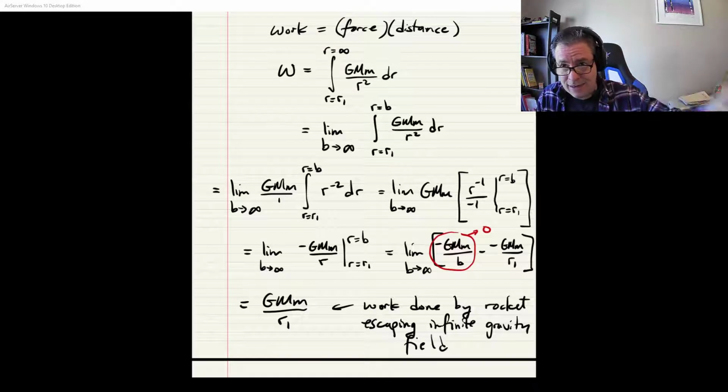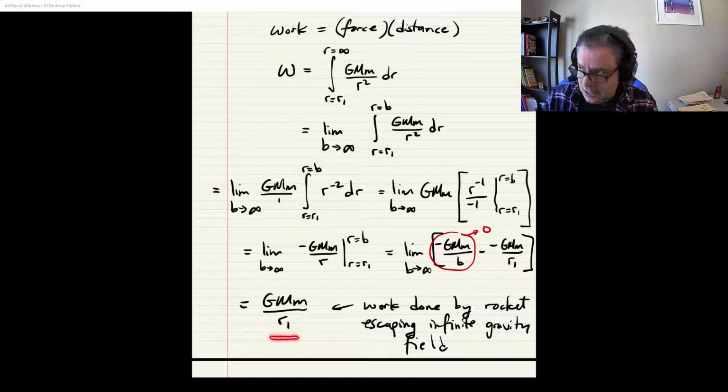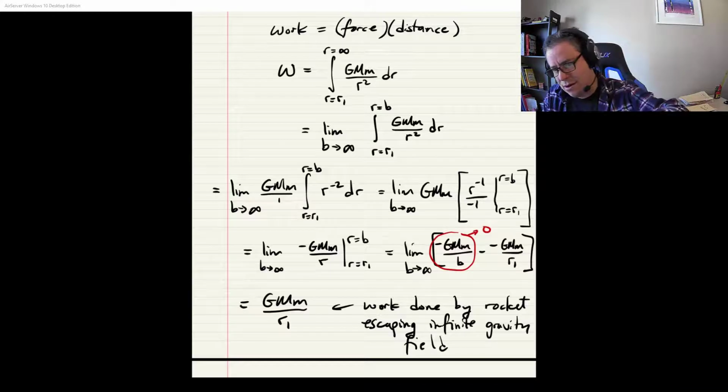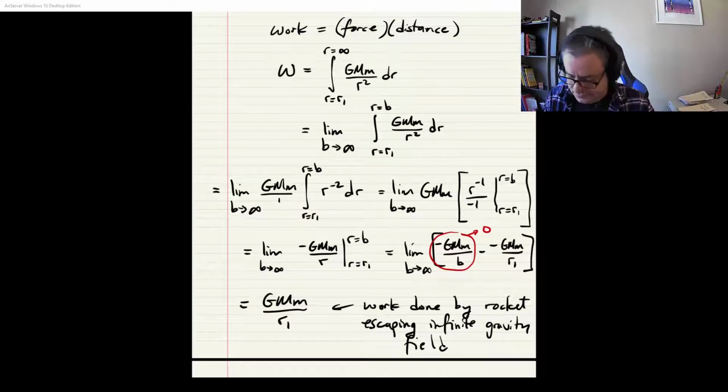It's going to represent, well, we haven't got to that yet, but this is the amount of work, a real number change in energy, required to escape the gravity of the primary body. And now we'll just have to figure out what is the velocity required to get that work done.